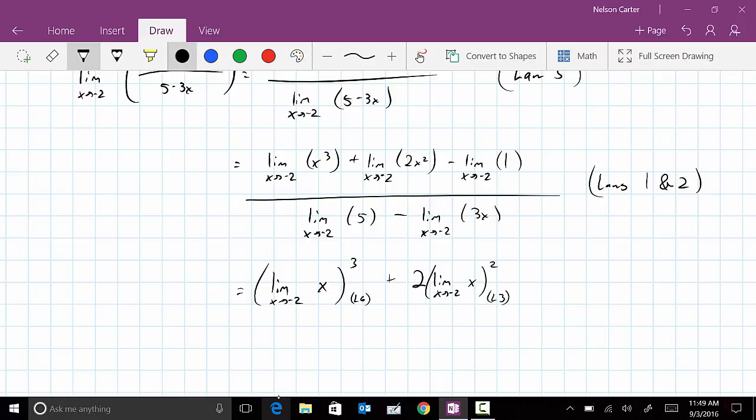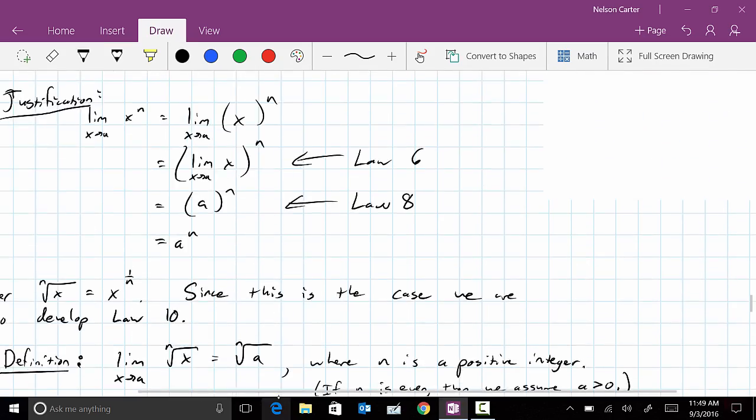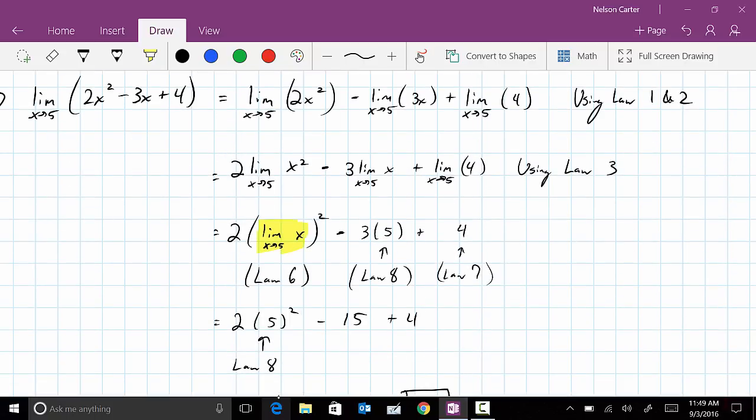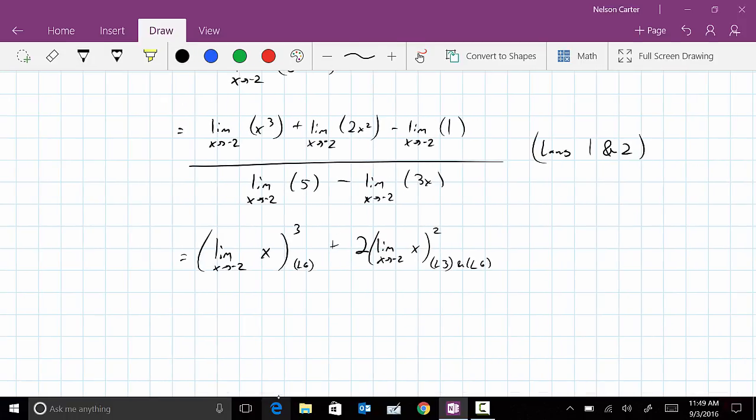And also, I used law 6. Let me just confirm here. I think in one of these problems I said I used law 3, constants out. Okay, that's good. And so then I have minus, and this is the limit of a constant.